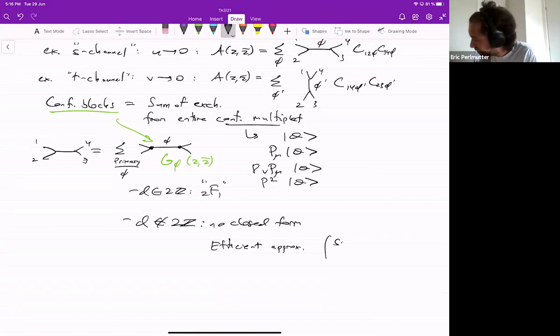So for lots of purposes, the series expansion is just fine. There are also some recursion relations.